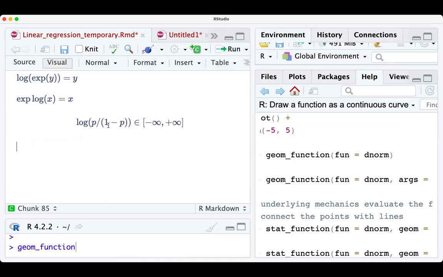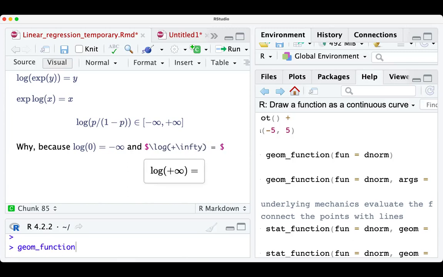Because the logarithm of 0 is equal to minus infinity, and the log of plus infinity is equal to plus infinity.